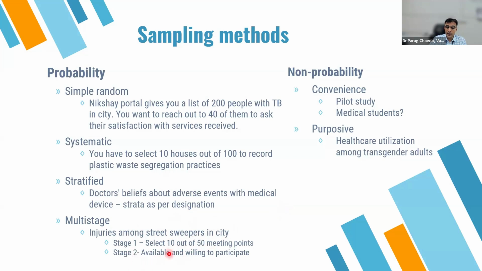At stage 1, for these staff members, there are meeting points. Say the city municipal corporation has identified 50 meeting points scattered through the geography of the city. You take only 10 out of those 50. You go to those 10 places and ask, in the morning hours, whoever is available and willing to participate. That's your inclusion criteria. That's stage 2. So in the first stage you sample the meeting points, and in the second stage you sample the study participants. So it's a two-stage sampling, right?